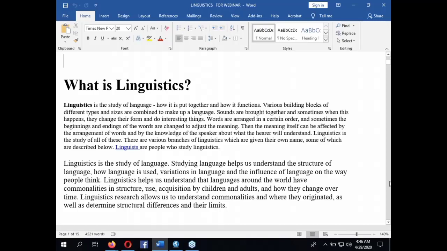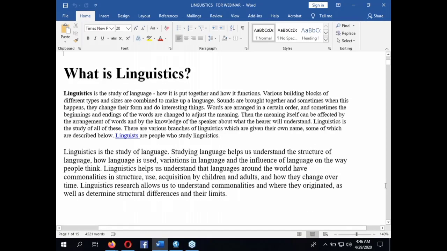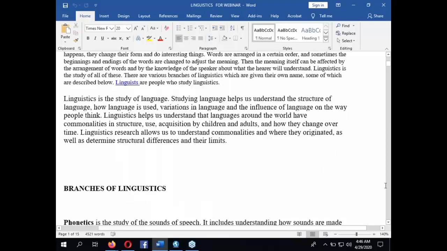And of course, we look at it generally in terms of the commonalities within the languages of the world. Like I said earlier, we have other languages. You get to know that there are some things that connect one language to the other, and these are the things we'll be studying. Linguistics also looks at society.